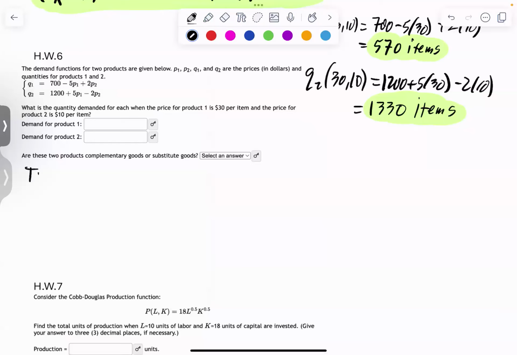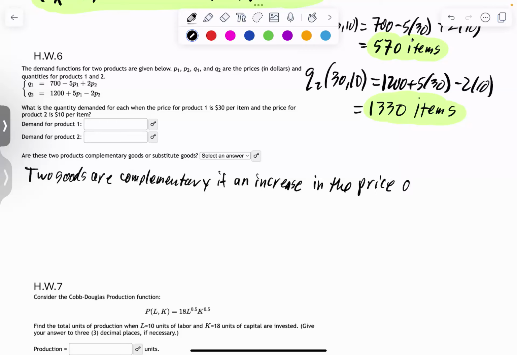Two goods are complementary if an increase in the price of either decreases the demand for both.